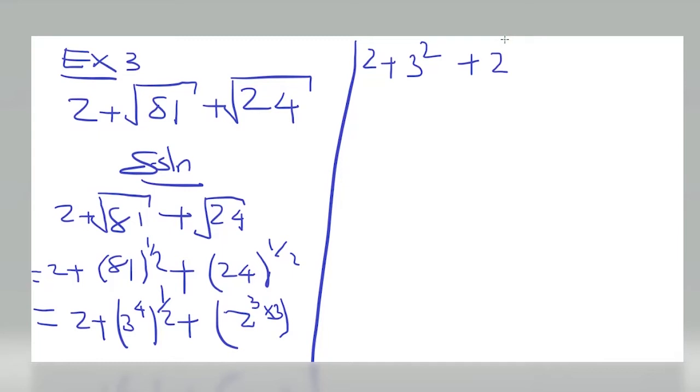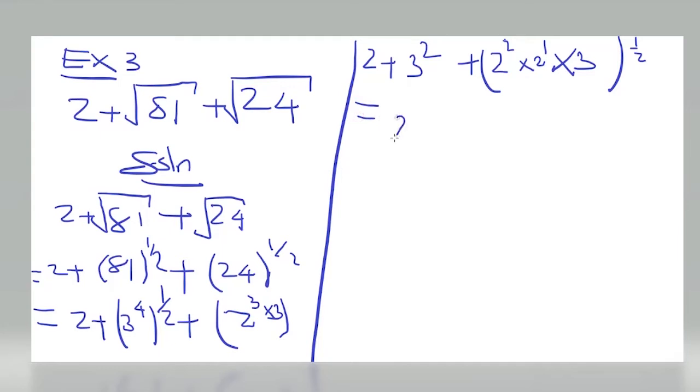Let me write this way, because I have to cancel with the number inside, so I can simplify like this: write the 2, then 2 power 1, then times 3, with this number here, power a half. I've written this because I need one of the numbers inside to cancel with the 2 here.